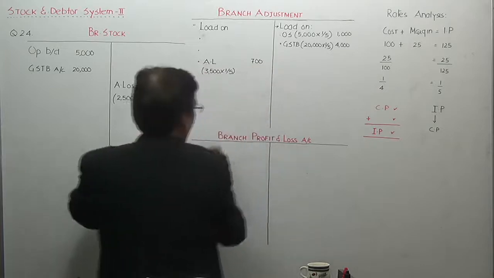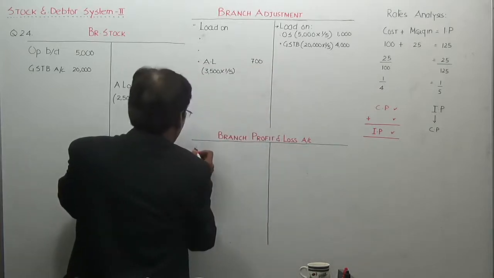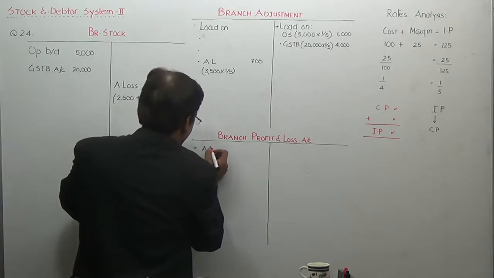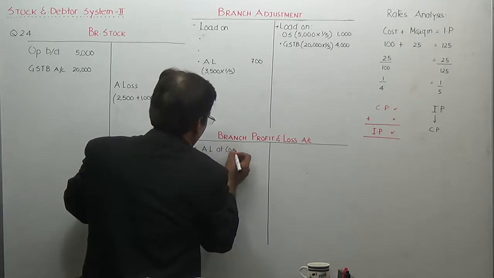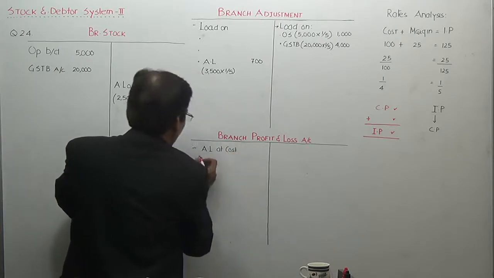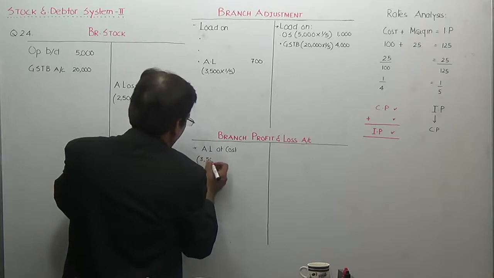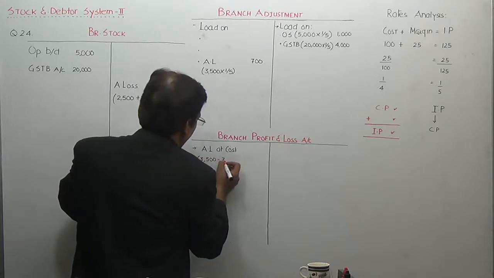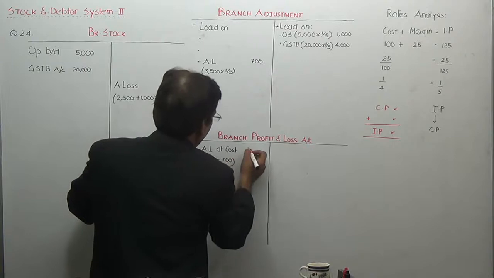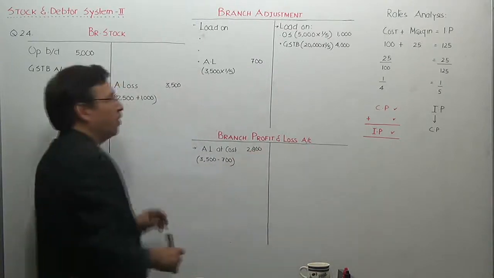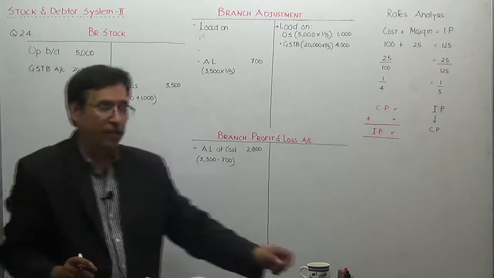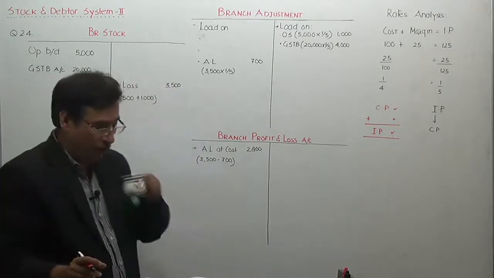And then abnormal loss at cost is written in the profit and loss account. If you remember, I talked a lot about the fact that profit and loss account is always prepared at cost price. So 2,800 we are going to write here. Is it clear?